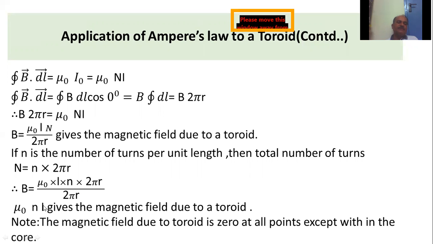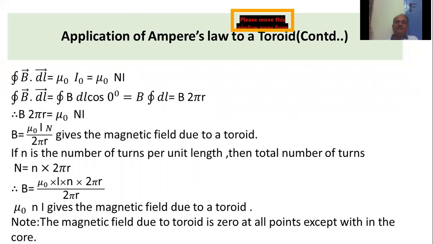Again, it becomes equal to mu naught nI. So therefore, mu naught nI gives the magnetic field due to a toroid. Note that the magnetic field due to a toroid is zero at all points except within the core.